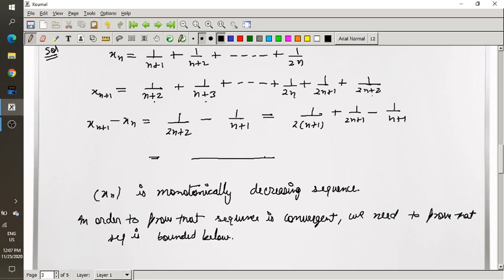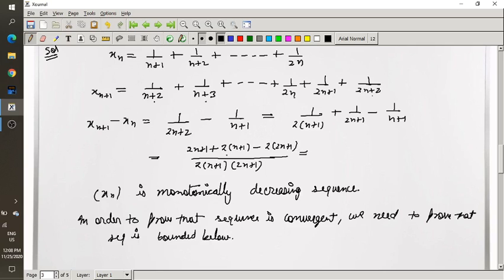So let me first take the LCM. 2 into n plus 1 into 2n plus 1 is the LCM. So if I multiply these terms, here I will get 2n plus 1 plus 2 into n plus 1 minus 2 into 2n plus 1.